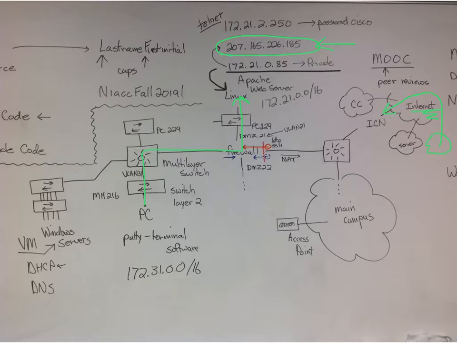Now, where we accessed it from was this private address, and we went to a different network that was on this private address. And you can tell they're different networks because of the prefix bits or the mask, 255.255.0.0.